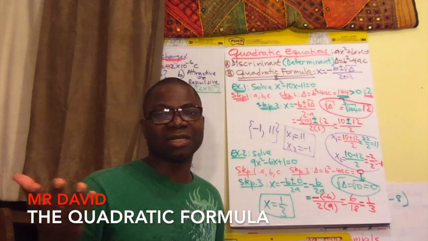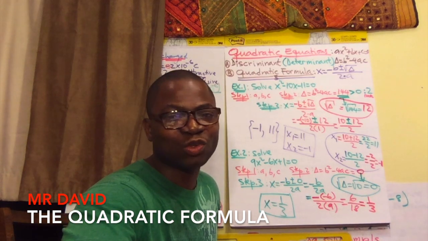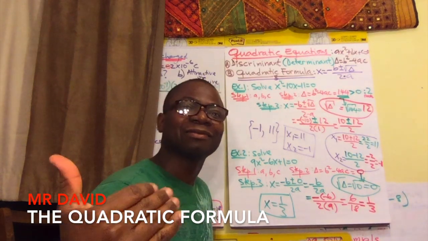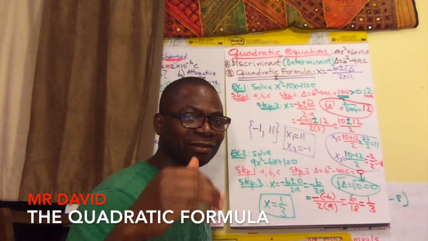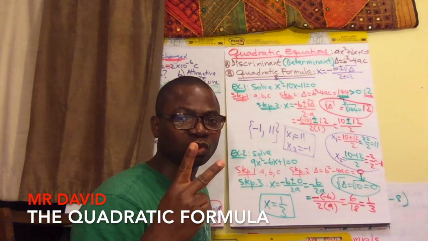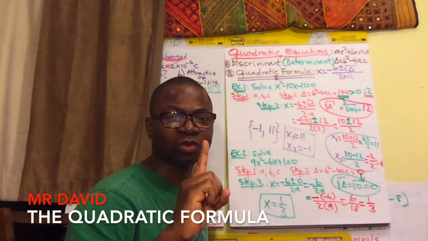Okay, so basically that's it, guys. Remember the rule. If it's too fast, just rewind it, go back, watch it again. Delta positive, two solutions. Delta is 0, one solution.